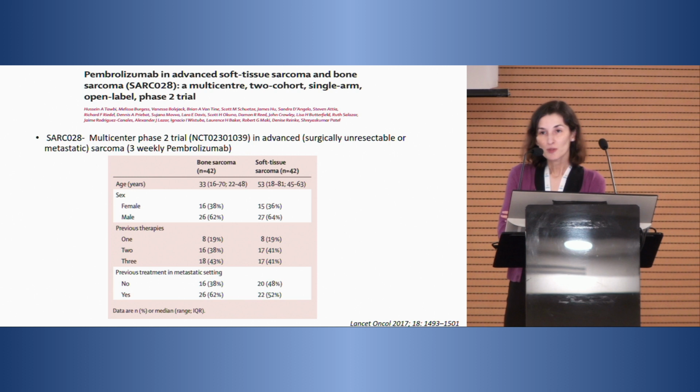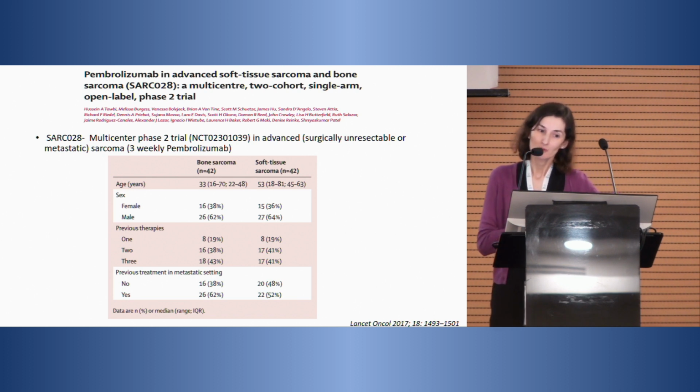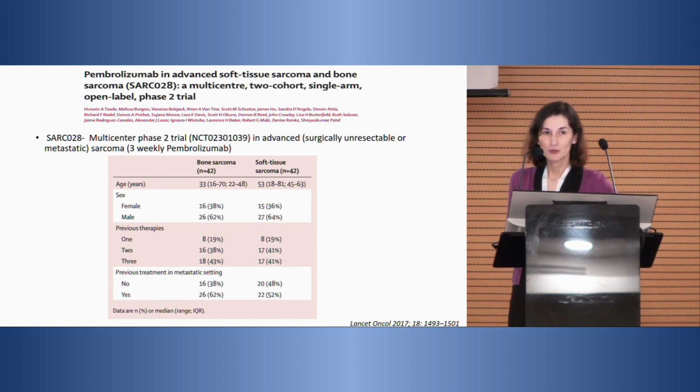And in terms of the patient cohort, patients with locally advanced disease, which were not resectable, or metastatic disease were involved, and they had both soft tissue sarcoma patients and bone sarcoma patients. In terms of the number of patients, it was a relatively small study because they had about 42 patients in each group.